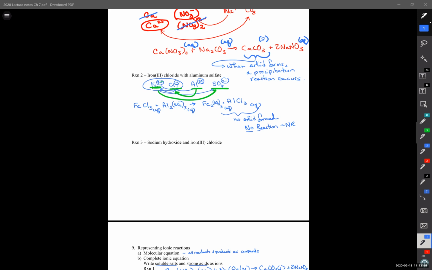I'll talk a little bit about it, but precipitation is what we're talking about right now. Then we're talking about acid base, gas evolution, and we may do some redox and then combustion reactions. Right now, we're learning how to write equations, balance equations, types of equations. Besides that, there's classification. This is precipitation: two aqueous solutions mixed together, solid precipitation.